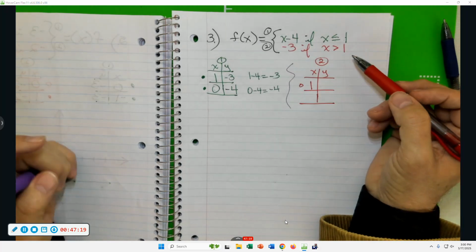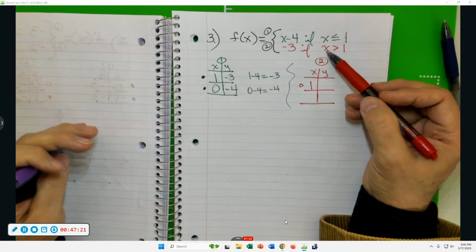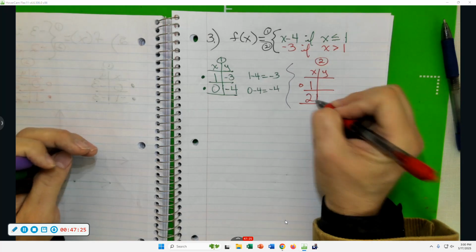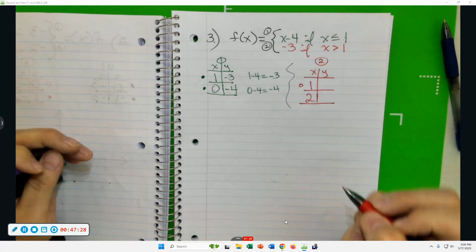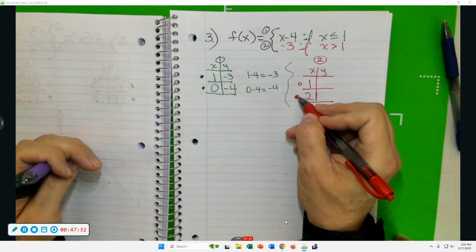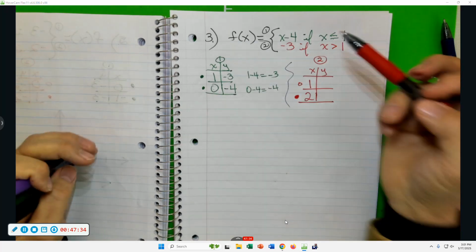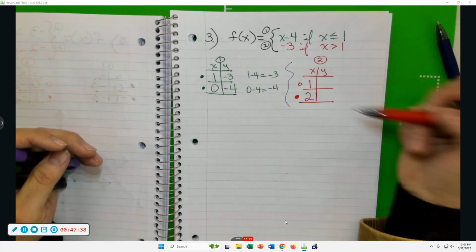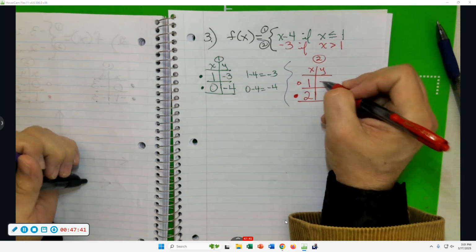I need another point. I need a number greater than 1. 2, okay. The secondary points you choose are labeled how? Closed. Always closed. Oh, this is nice. There's no x to plug into, so what will the y values be? Negative 3.